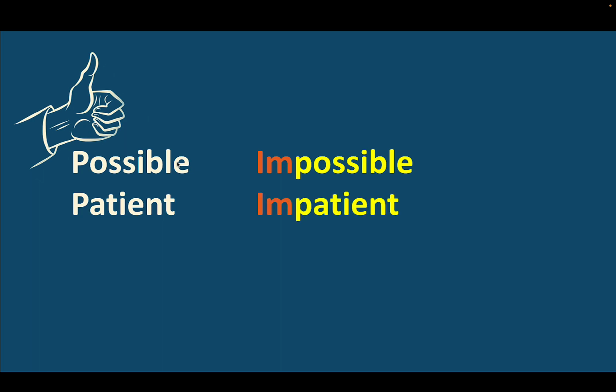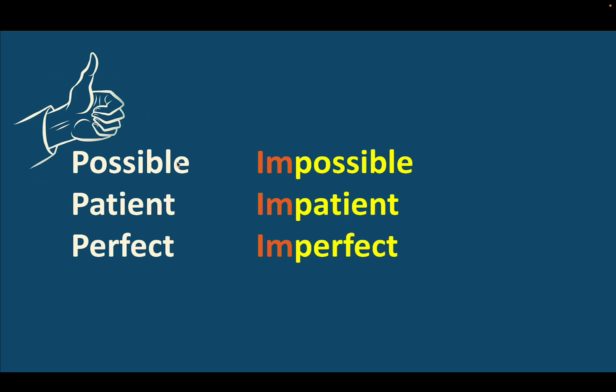But if you put an im in front of the word, it becomes impossible. Something that is totally impossible to do. Can't do it. Completely reverses the meaning. Patient. Someone is so patient. But if you put an im in front of it, they become impatient.